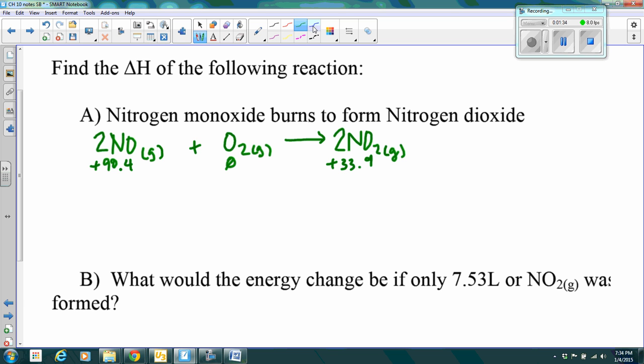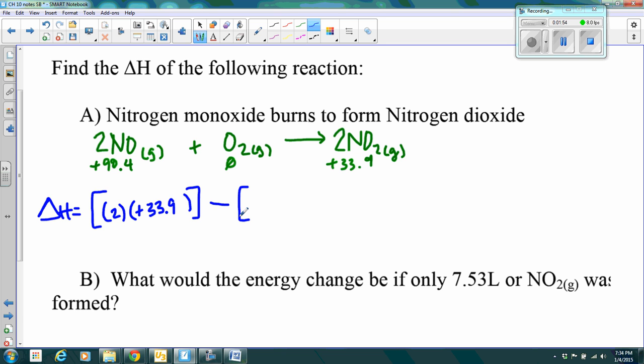All right, so now I'm going to go ahead and find my change in heat of this whole reaction, which again is products minus reactants. And remember, you have to multiply by the number of moles that are given. So I have 2 moles of my product, and it takes in 33.9 kilojoules of energy.